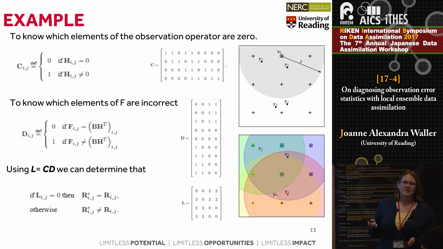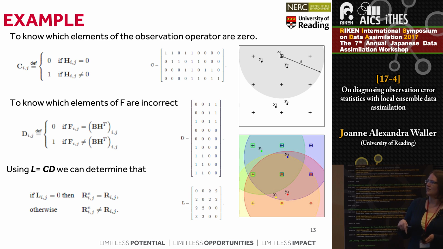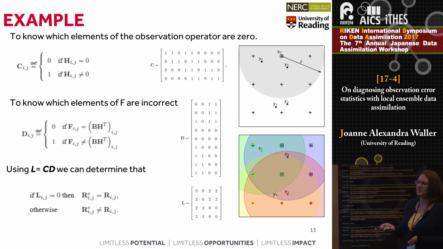Then which elements of F are incorrect is related to the domain of dependence and region of influence, and we can fill this matrix again in binary form, 1s and 0s. With a simple multiplication of these, we end up with a resulting matrix, the same size as our R matrix. Where we have 0s, it means that we can estimate the error correlations. But where we have numbers, the estimate from Desroziers will not be correct.